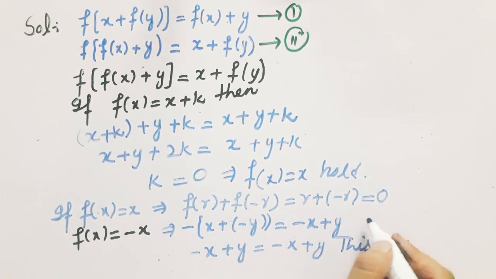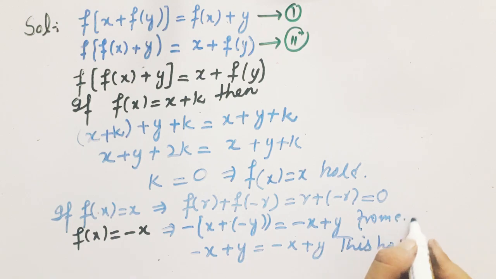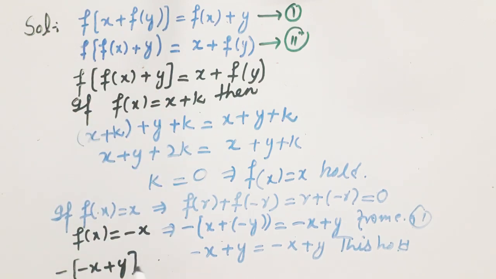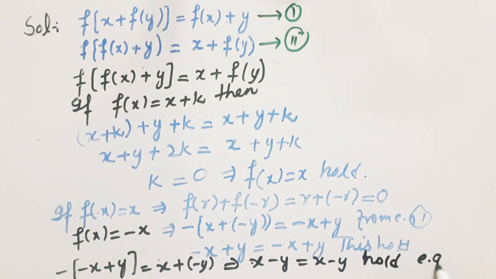This value we get from equation 1. Now we will apply this value in equation 2, then it will become minus of minus x plus y, that is equal to x plus minus y. So this also implies that x minus y is equal to x minus y holds. This is for equation 2.